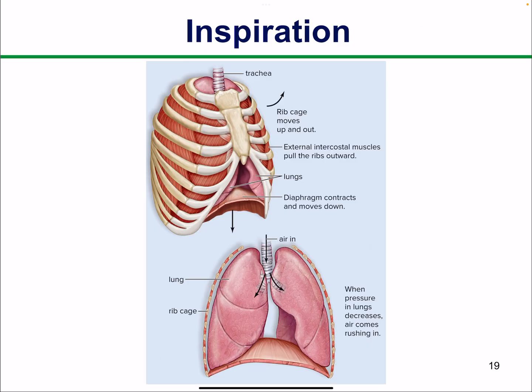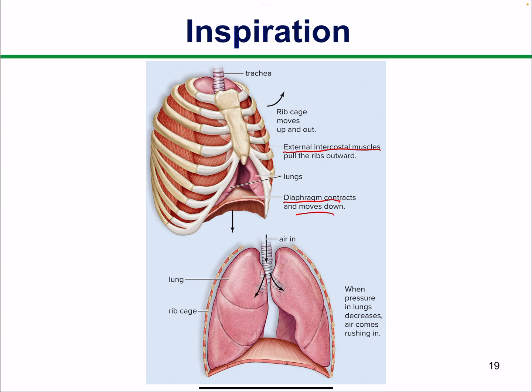Inspiration is made possible because of the contraction of the diaphragm, along with the contraction of the external intercostal muscles. By contracting, the external intercostal muscles are pulling the rib outwards, which is going to cause a movement of the rib cage outward.